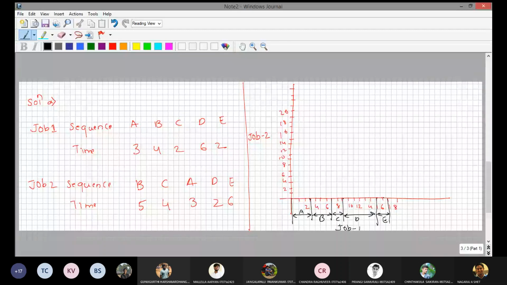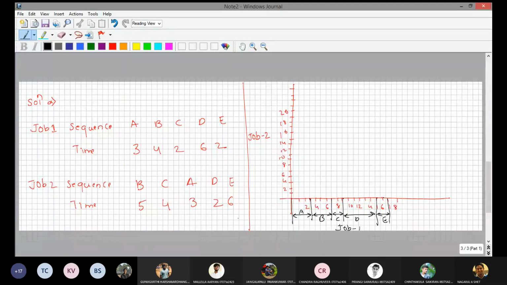The second point which I gave is marking the processing time for job 1 and job 2 on the x-axis and the y-axis respectively, according to the given machine. If you see that point, you can remember.